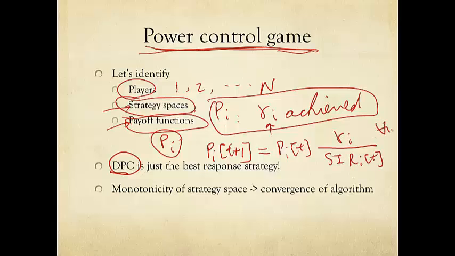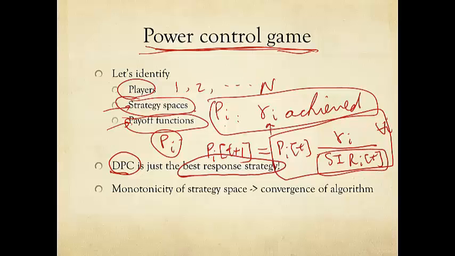And this goes on for all the users. This actually is the best response strategy in response to all the other players' strategies, whatever they might be; they are reflected through the SIR value. And by changing my power level this way, changing my strategy this way to the next time slot, I'm basically executing the best response strategy.